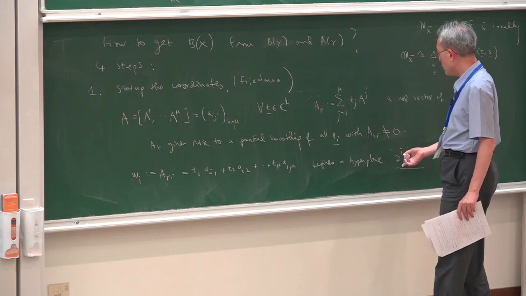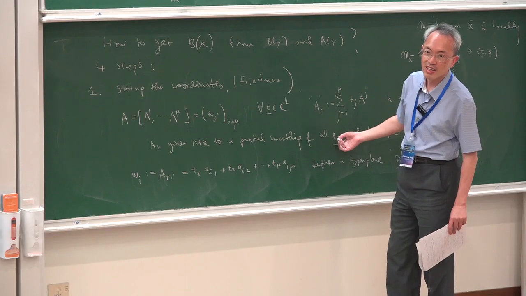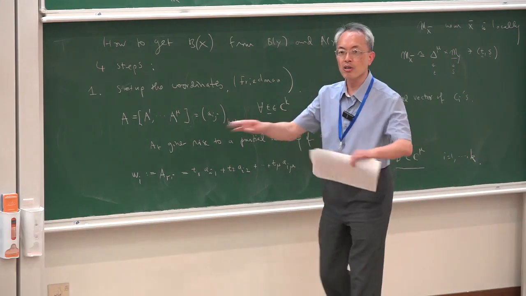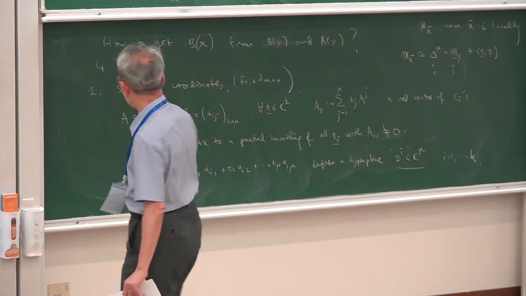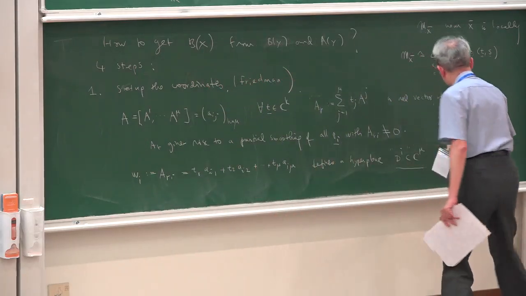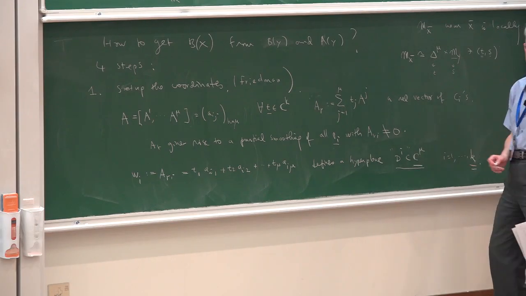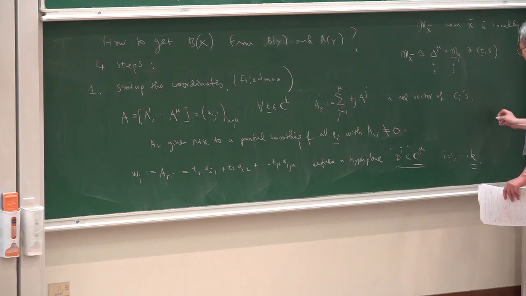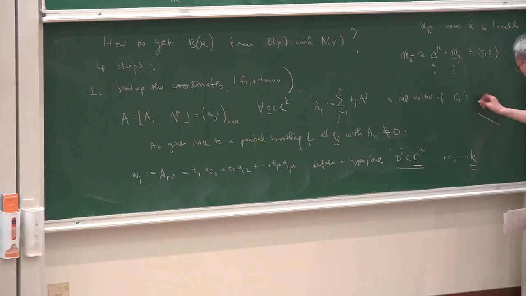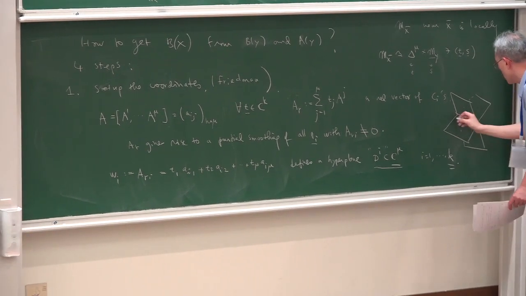Because if any DI equals 0, then that point will not be smoothed out. So the only way to smooth out all the points is you need to avoid all the hyperplanes. But how many hyperplanes do you have? You have K hyperplanes, but it's just inside a mu-dimensional space. It's strictly I'm drawing the discriminant locus.